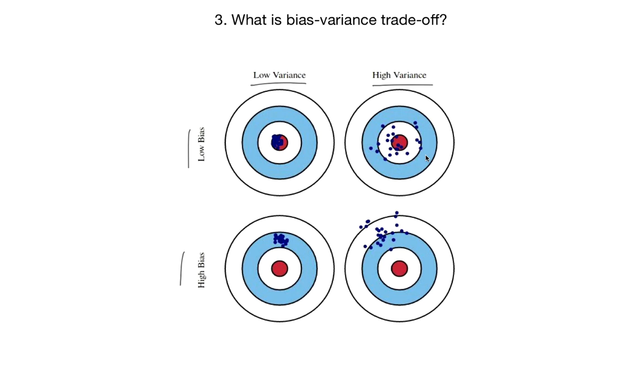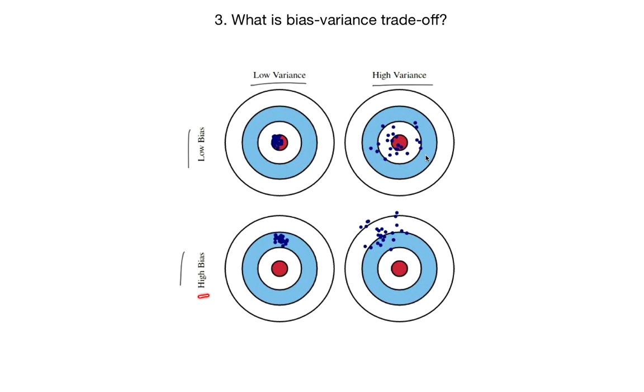But if you have low bias and high variance, then you see here this is the target, but the predicted values are around this one, varying in various directions. In this way you can say it has low bias, that means all the results are almost here, but the variance is high because it is spread in all directions.